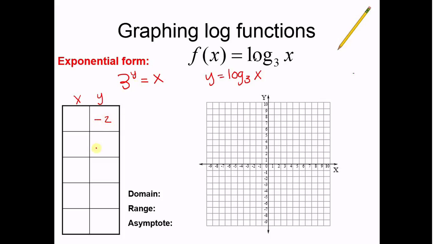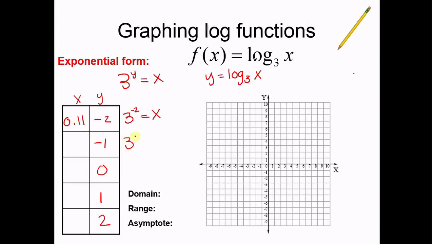So I'm going to pick -2, -1, 0, 1, and 2 for my y values. Notice how I'm writing for my y's, not my x's. And I'm going to plug that in for y. So what I'm going to do, I'm going to go 3 to the -2 power equals x, right? 3 to the -2, if you type that quick into your calculator, you'll get 0.11.